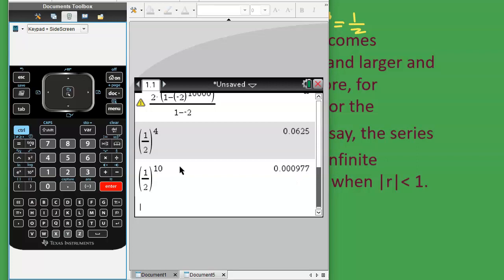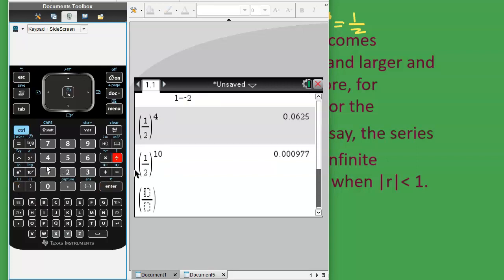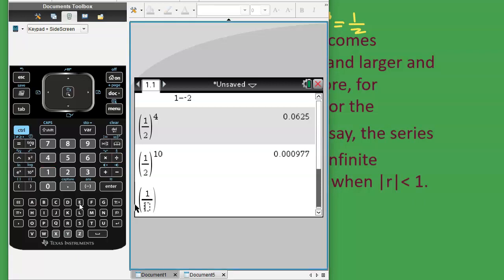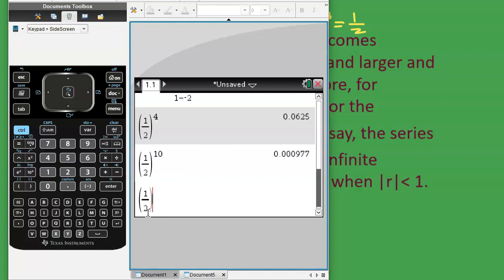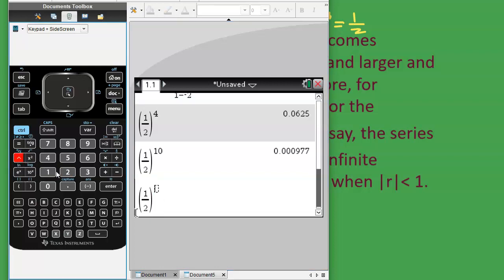Let's take r to the power of 100. What happens?